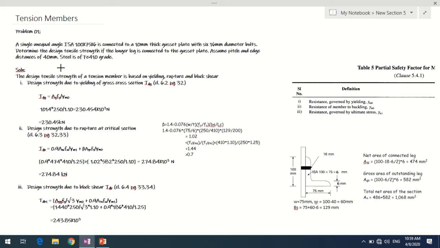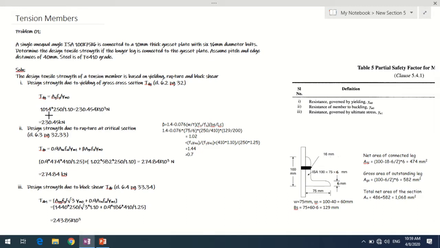The first criterion is the design strength due to yielding of gross cross section, that is 6.2 on page 32. It is given by Tdg, which is equal to Ag into fy divided by gamma m0. Ag is the gross area of the section, and we can find it in steel tables.